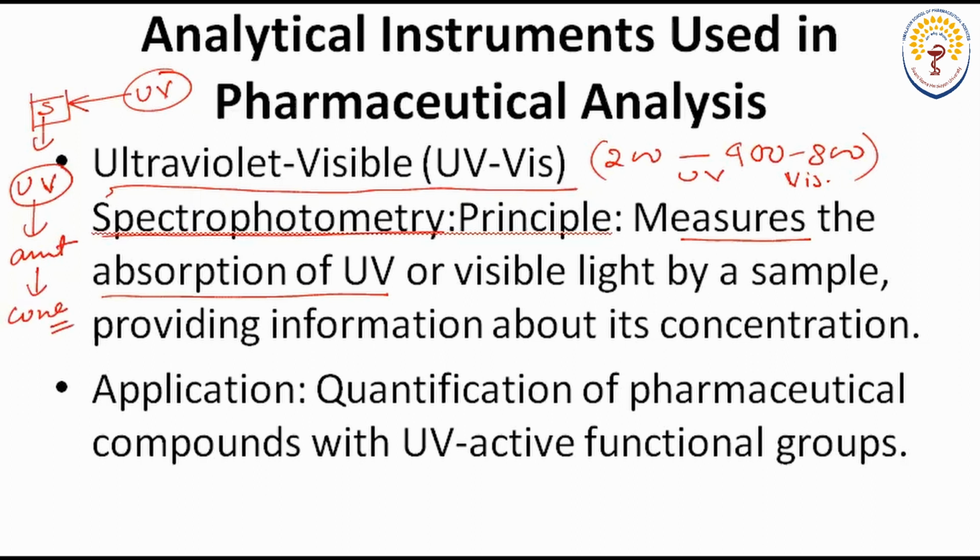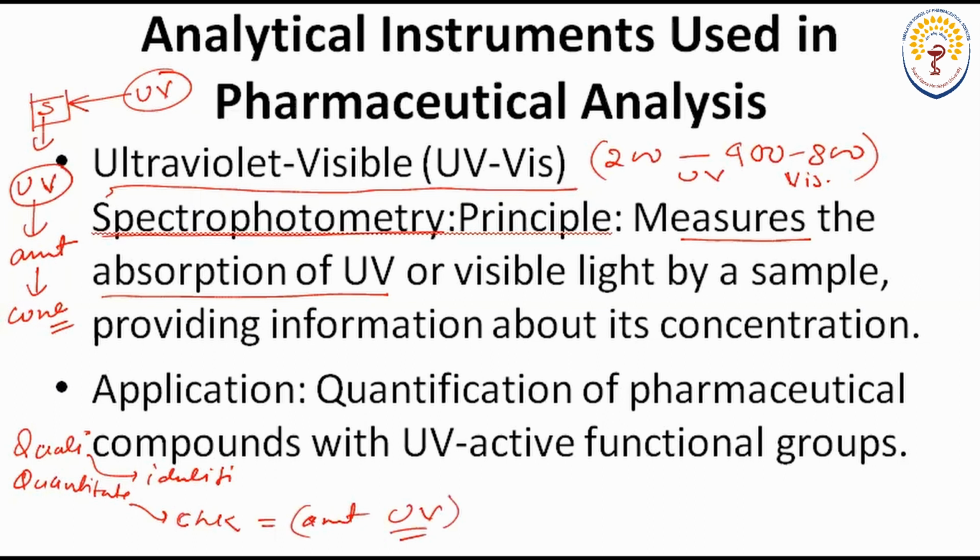So now there are two things, qualitative analysis and quantitative analysis. For qualitative analysis, or identification, we are just checking what range or wavelength of UV is absorbed. But for the quantitative application, that means quantification, we are checking the amount of UV light that is being absorbed, because the more sample present, the more molecules absorbing UV light are present, and the more UV light will be absorbed.